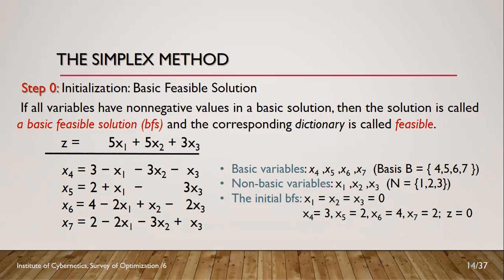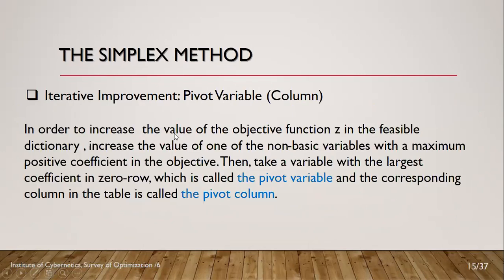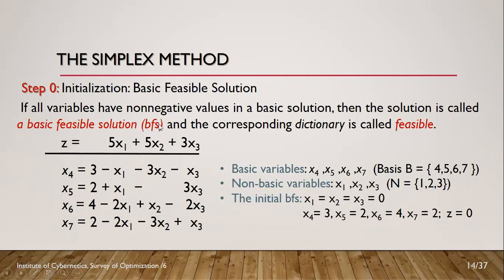So the way our method will proceed, we will try to build a sequence of basic feasible solutions, such that each next basic feasible solution is better or at least no worse than the previous one.